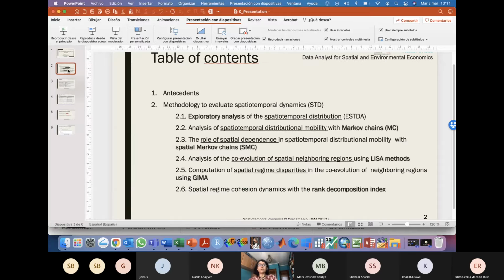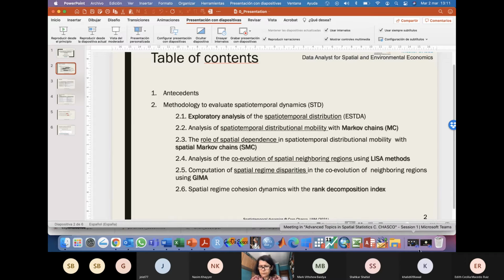Well, the table of contents for the course is here. In this first session, I will revise some antecedents of spatial-temporal distributional analysis, which have been published in the scientific literature.